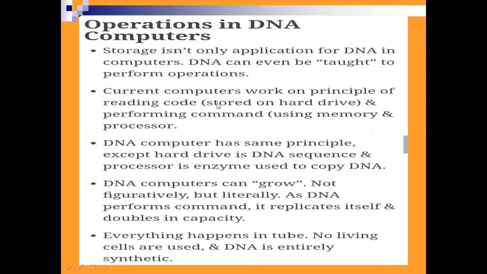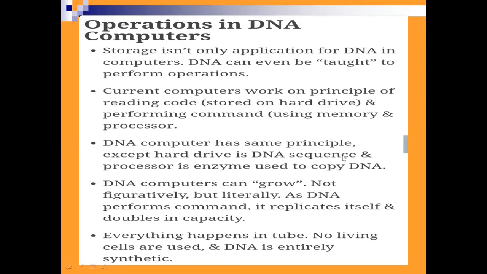Conventional computers work on the principle of reading code stored on a hard drive and performing commands using memory and a processor unit. But the DNA computer has the same principle as the current computer, except for the hard drive. The hard drive will not be there in a DNA computer. Instead, it is the DNA sequence.